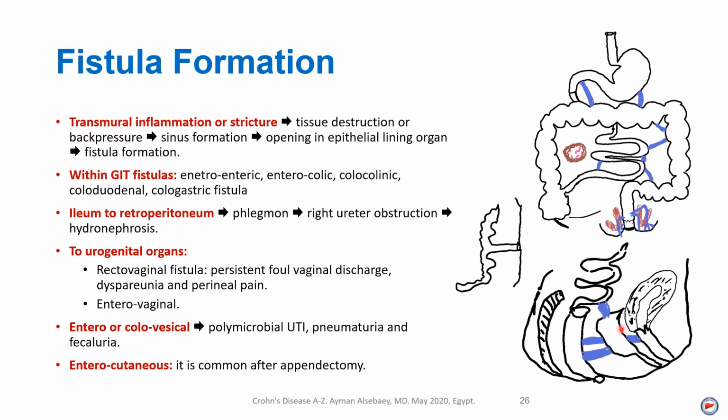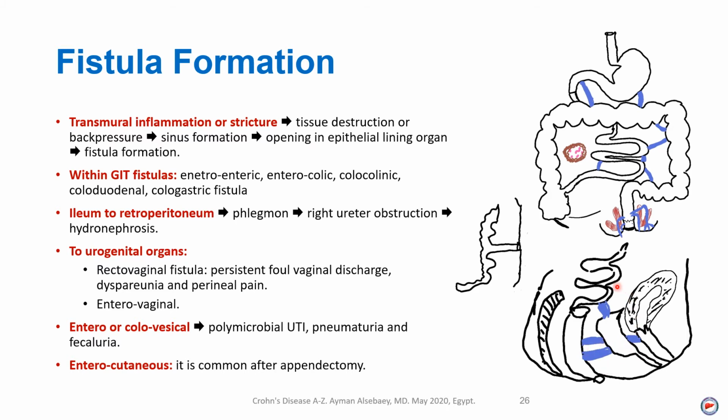The fistula may also form between the intestine and the urinary bladder, so it will be enterovesical fistula or colovesical fistula, okay, whatever. Intestinal secretions, which are full of bacteria, will go to the urinary bladder, which causes polymicrobial UTI, okay.